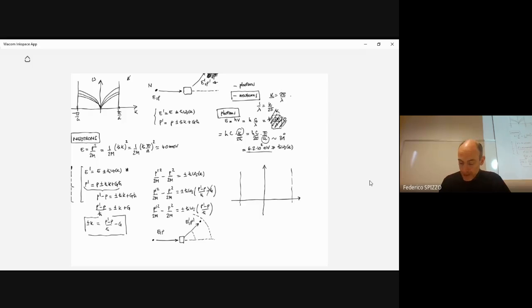So using this kind of experiment, P prime minus P is detected by looking at the difference between the vector P and the vector P prime, and we may measure both the direction and modulus and the orientation of those two vectors. Then P prime squared divided by twice the mass is the energy after the interaction that can be measured by the detector. P squared divided by twice the mass is the initial energy.